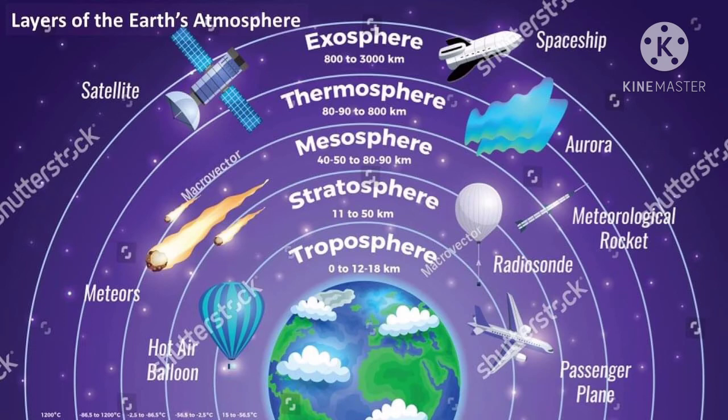In the mesosphere, which is above the stratosphere, meteors are burned up. However, in the thermosphere, aurora and satellites occur. And the last one is the exosphere, the upper limit of the atmosphere. This thin exosphere merges into space.